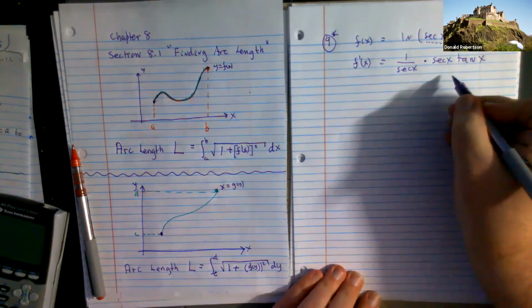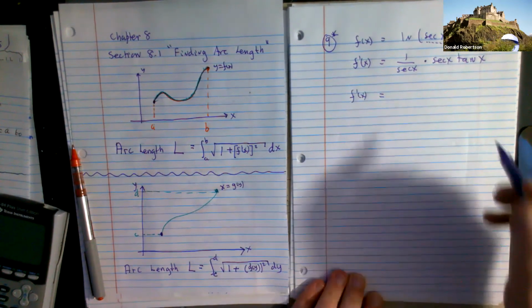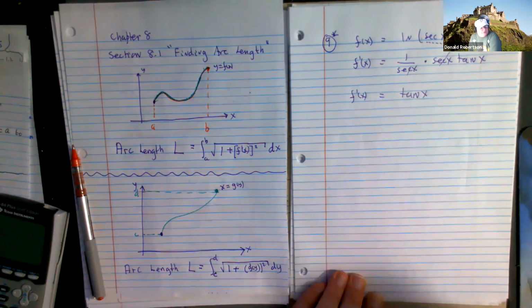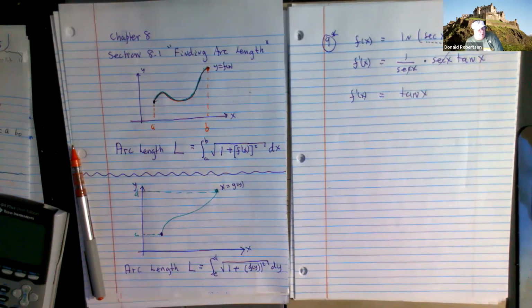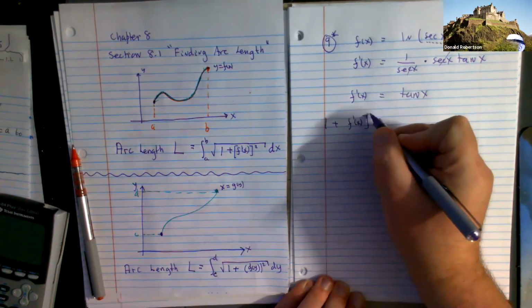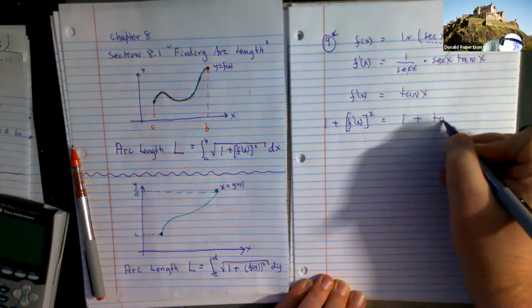Oh, wait a minute. Won't they cancel and all you're left with is tan x? Isn't that a really nice answer? Could have been a lot worse. Now I'm going to do 1 plus the derivative squared. In this case, it's simply just going to be 1 plus tan squared.